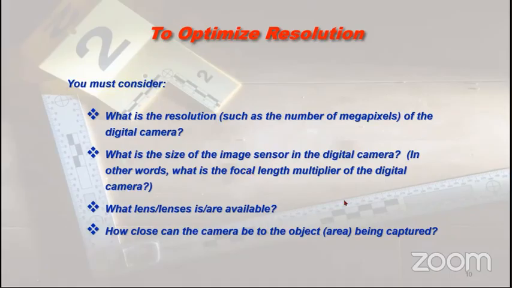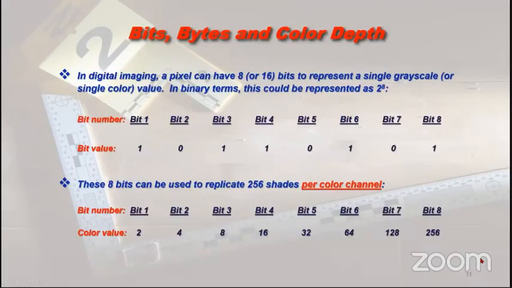Again, we also have the size of the imaging sensor, which is going to adjust the closeness or the proximity to the image, which is going to affect how clearly you can see it. And again, we want to make sure that we can get the camera as close to the object as possible for the appropriate contrast.